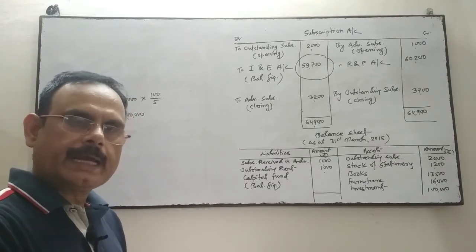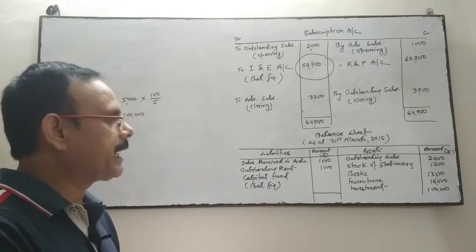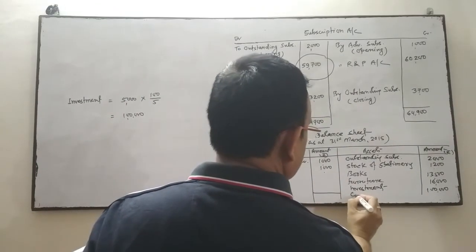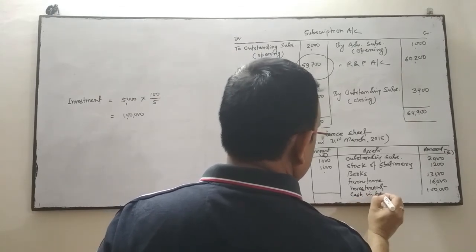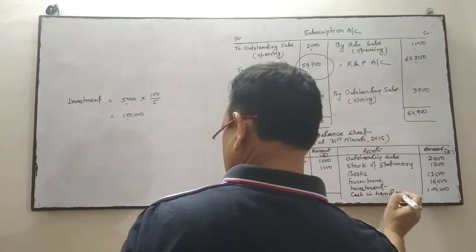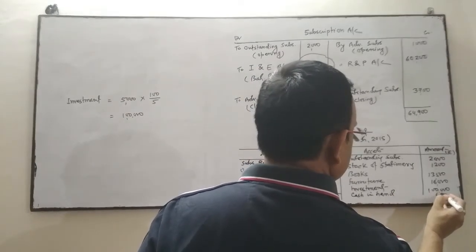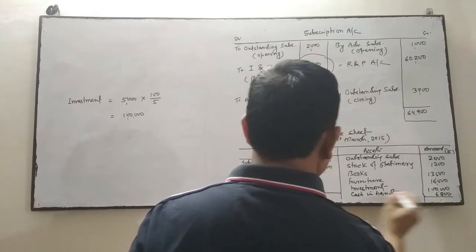This is the opening cash of this year, but this is the closing cash of the last year. So in the last year balance sheet, cash in hand is 6,800.